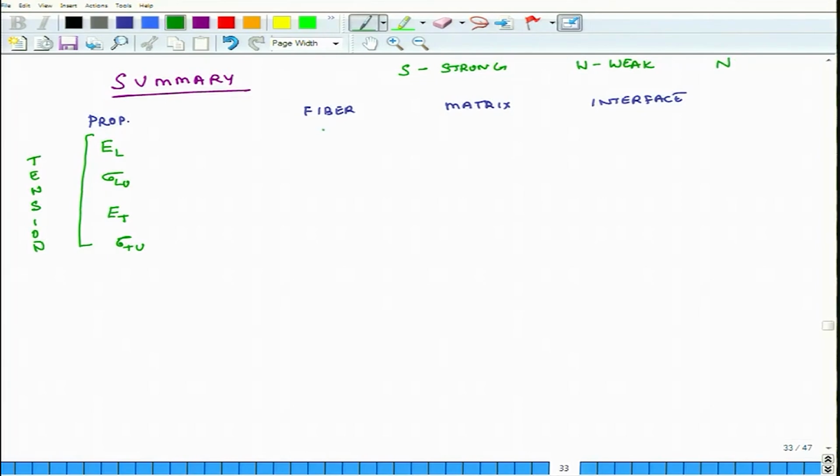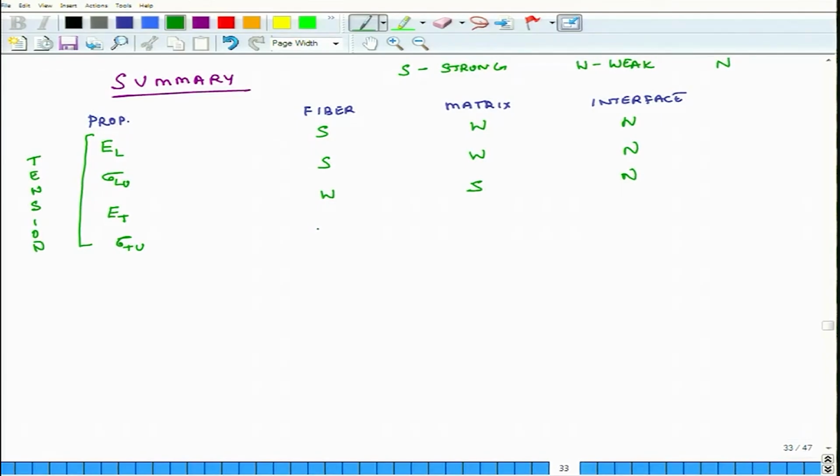Okay. So, fiber's role is strong, matrix role weak, we have seen it, right. The longitudinal modulus is strongly determined by properties of the fiber and interface role negligible. Sigma LU same thing, strong, weak, negligible. But when you look at the transverse modulus, then fiber's role is weak, matrix role is strong and interface is negligible.